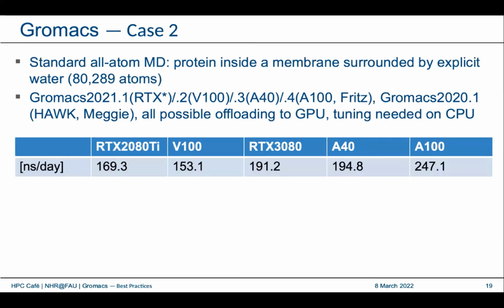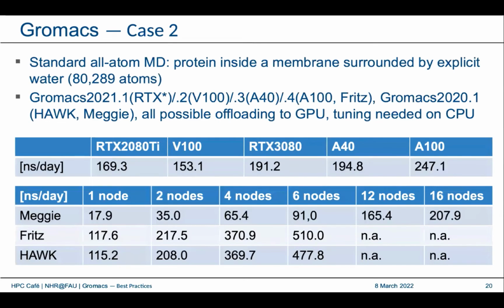Here are the performance numbers for the GPUs, and we can see here that regardless of the age or the architecture, so Volta or Ampere, the benefits are nearly the same. We can increase the performance. I'm going to show you the CPU data as well. So we can increase the performance on the GPU as compared to one node of the CPUs.